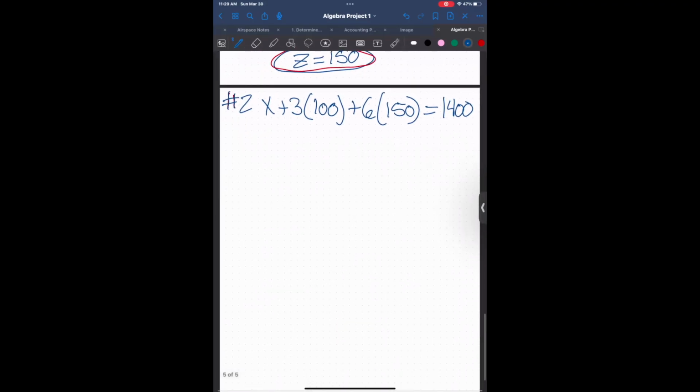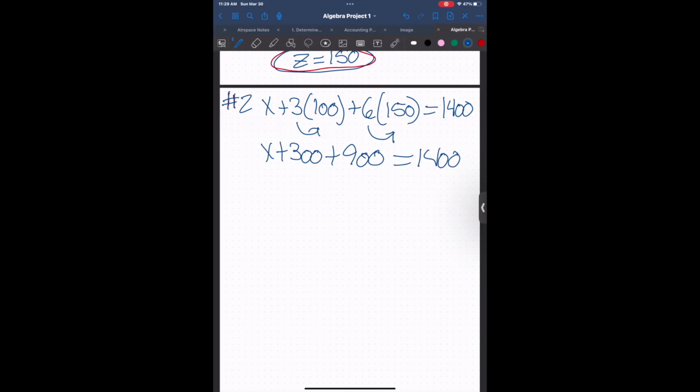It's a mouthful. We're gonna send them in. Oh, too many there. Okay, so it's going to be x plus 300 plus 900 plus 1400. That is a 4, I know.